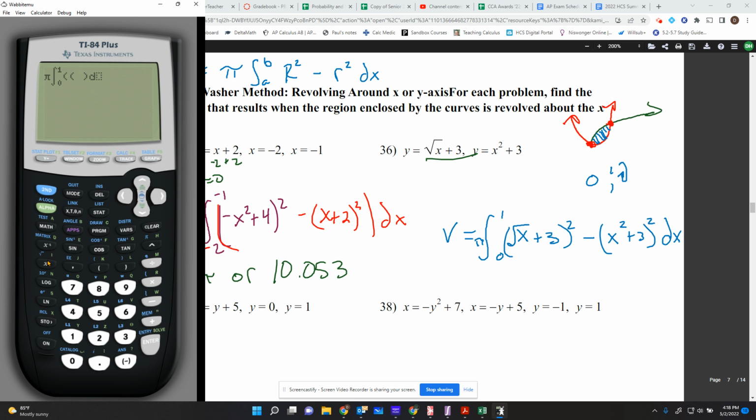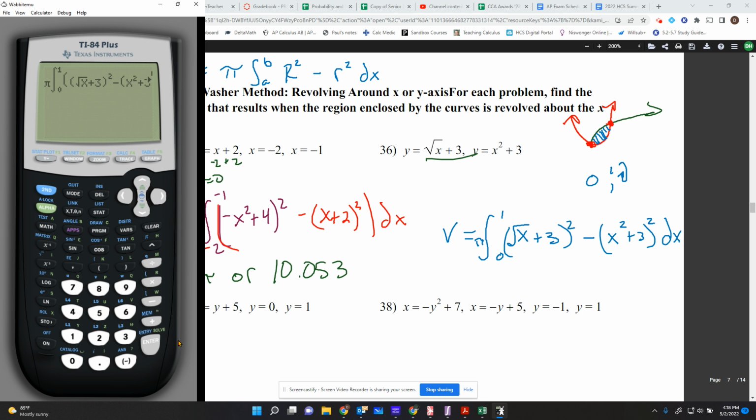So square root of x, move out of that radical, plus 3. Close our parentheses, squared, minus another set of parentheses, x squared plus 3, close our parentheses, squared. And then if we go out here, make sure we're doing dx because we are rotating around the x-axis.